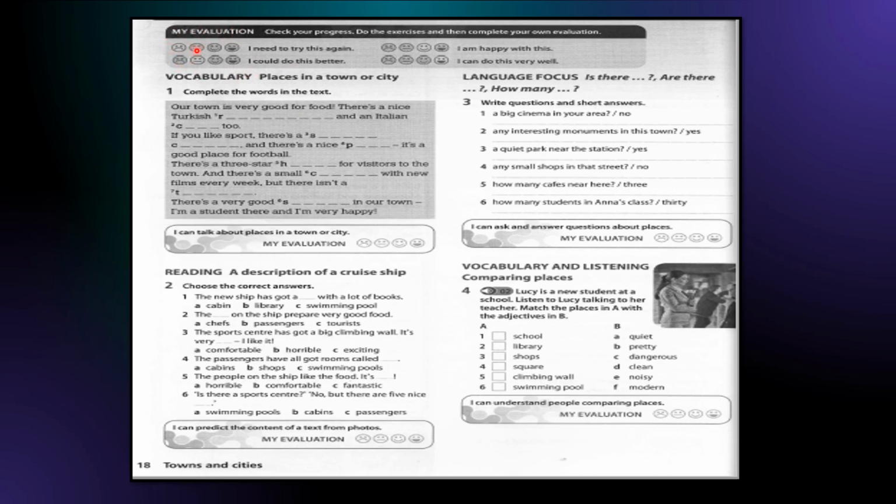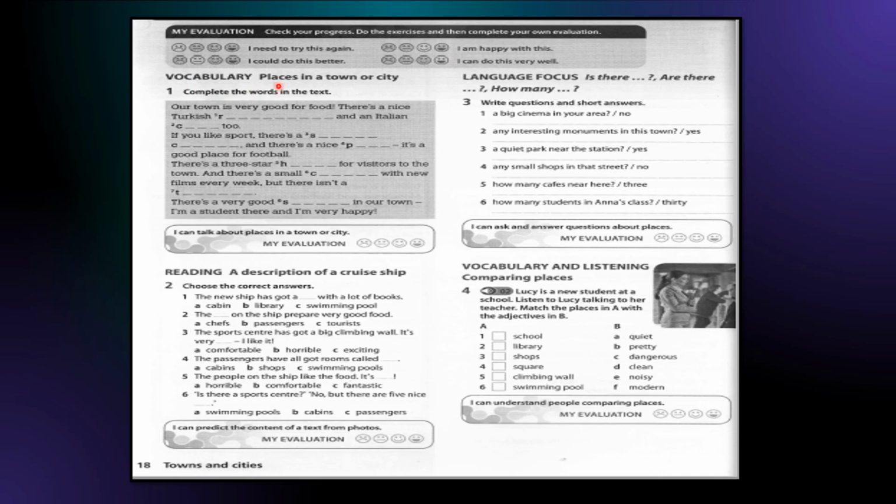Evaluation means you evaluate your own work. If you think I need to try this again, you can choose the first phase, and I could do better, you can use the second phase, and the list goes on.